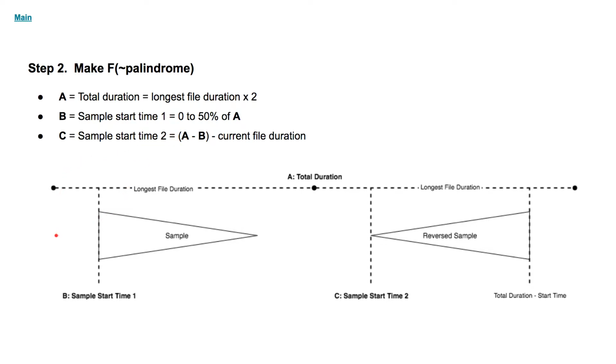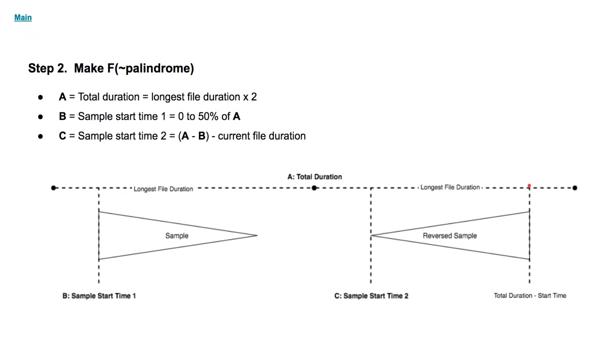So if my sample is starting at, let's say, 1 second after the beginning, then my second one should start at least 1 second before the end of the file. But that will just take us up to here. If I actually do just A minus B, then my sound file will be playing in here. Its beginning will be here, and then you're not going to make a palindrome. What we need to do is subtract one more thing.